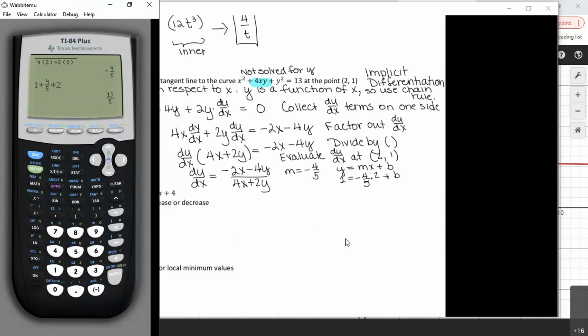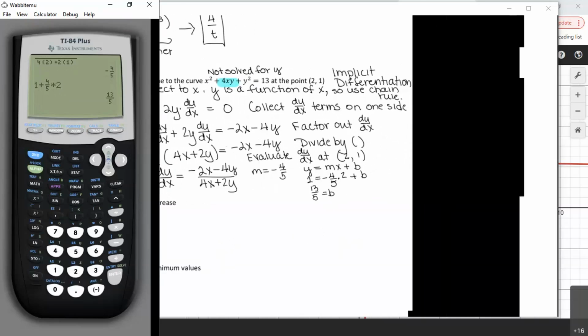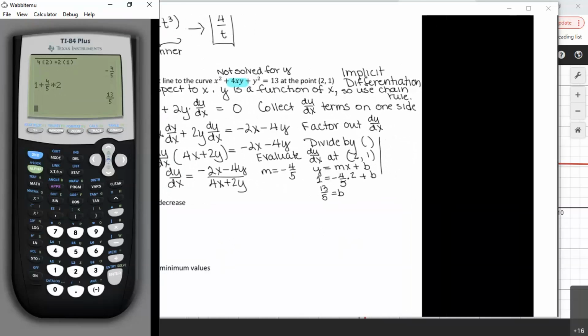That gives me 13/5. That's my b value. So my equation is y equals negative 4/5 x plus 13/5.